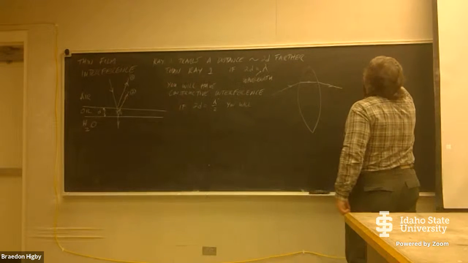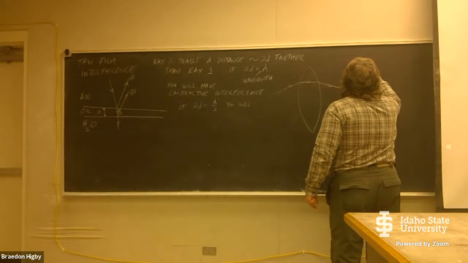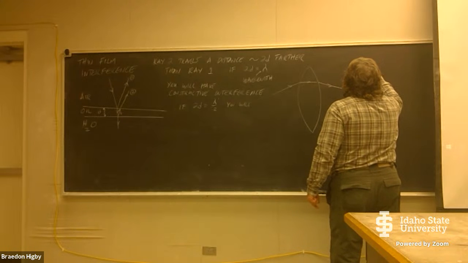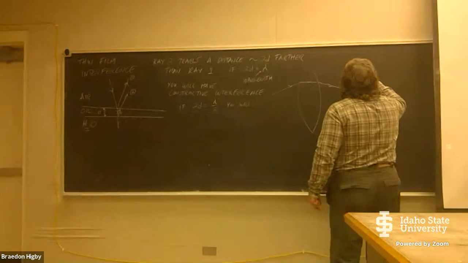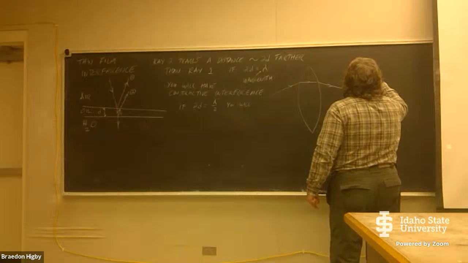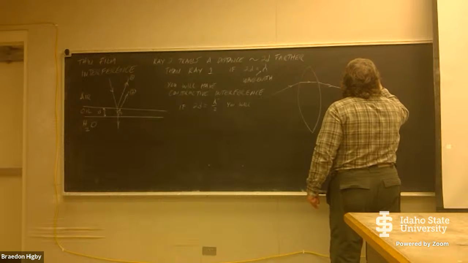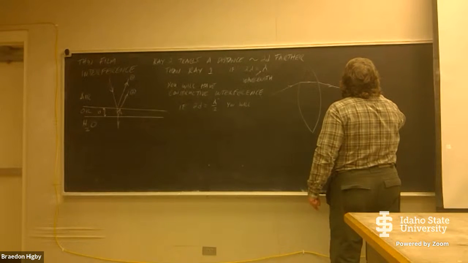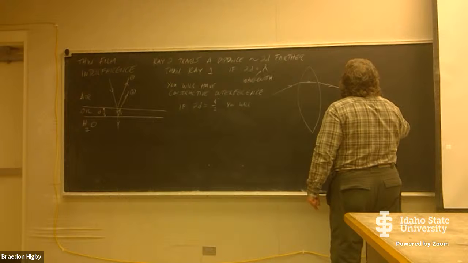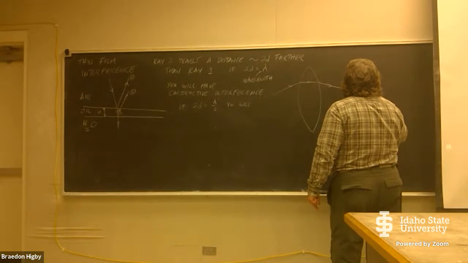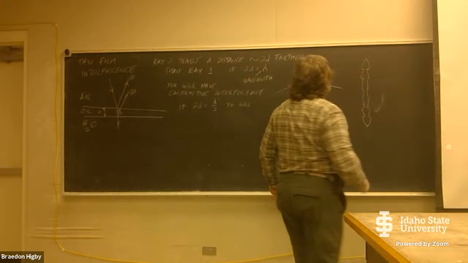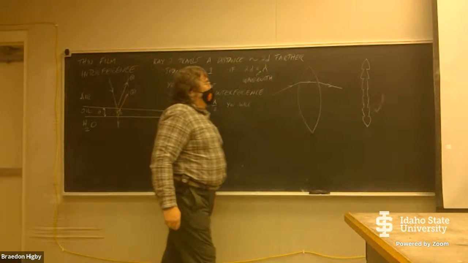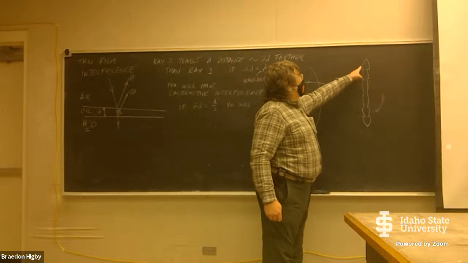And so his lens looked kind of like this, where it was a lot thinner and it had the right curve in the right spot.